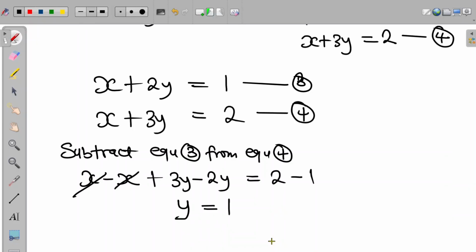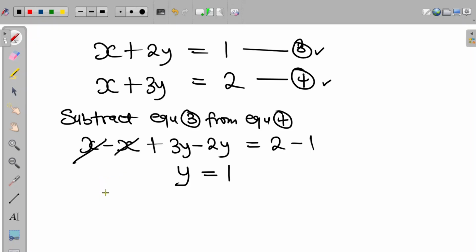Now, to obtain the value of x, we will substitute y equal to 1 into equation 3 or equation 4. From equation 3, we have it that x plus 2y is equal to 1.